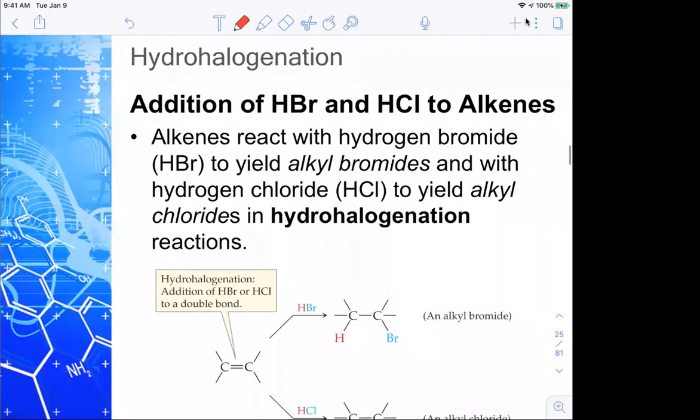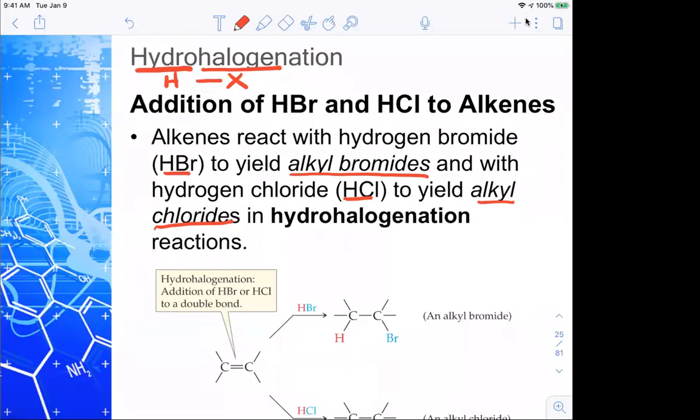Let's look at hydrohalogenation. So that's going to be HX. Here, I'm adding HBr or HCl to alkenes. If I add HBr, I get an alkyl bromide. And if I add HCl, I get an alkyl chloride.